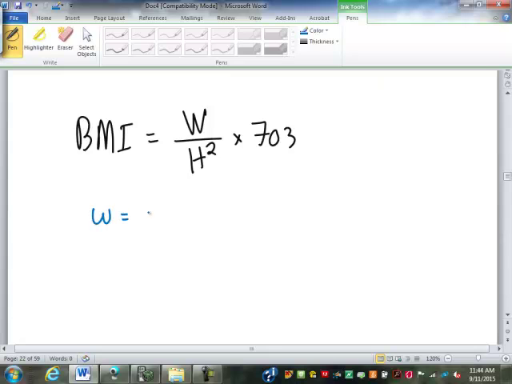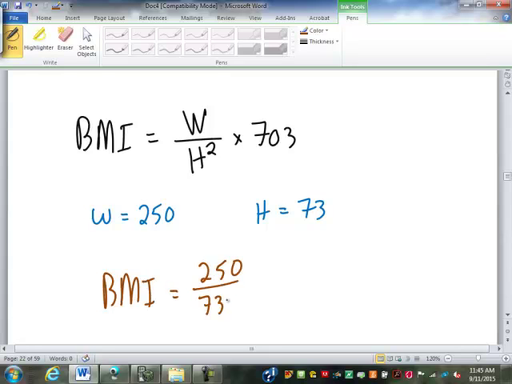Let's say we have someone who has a weight of 250 pounds and a height of 73 inches. Their BMI is going to be 250 over 73 squared times 703.